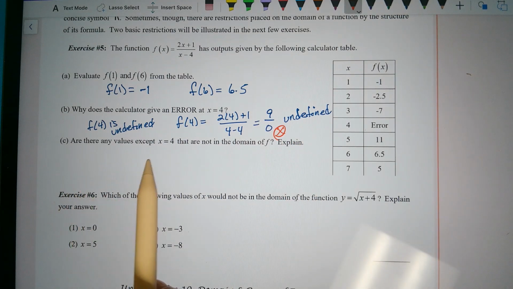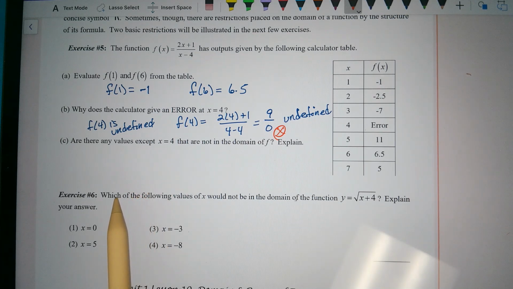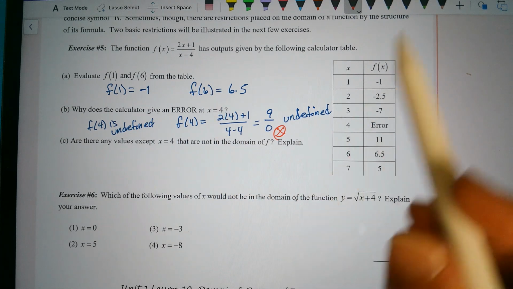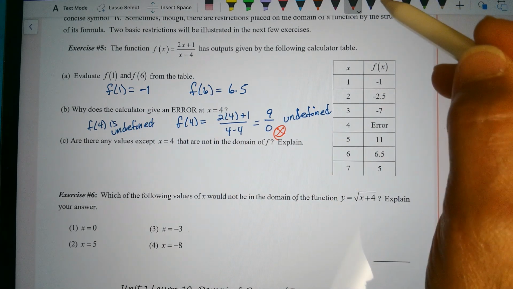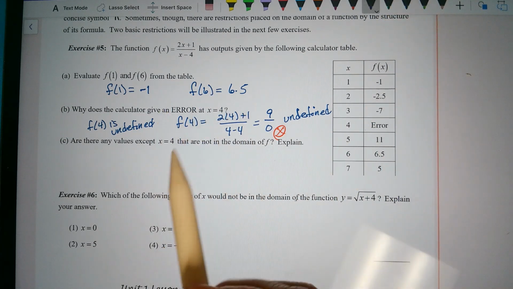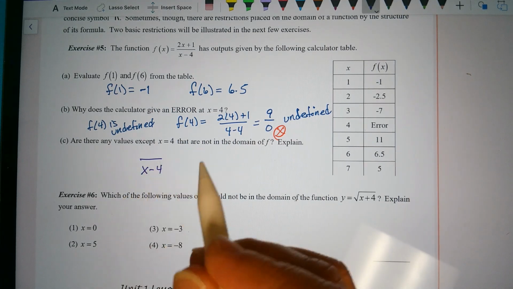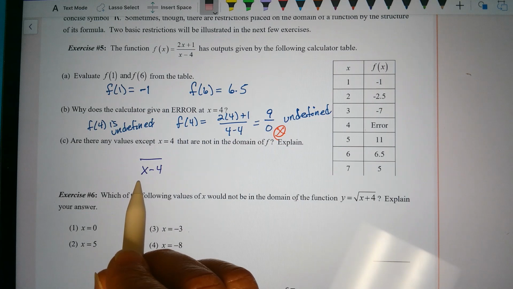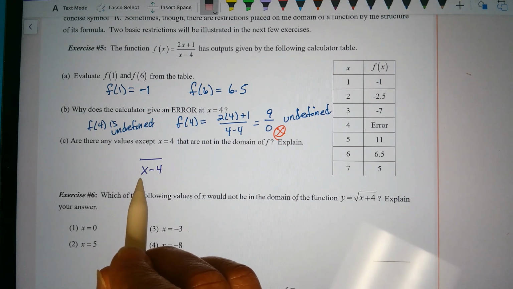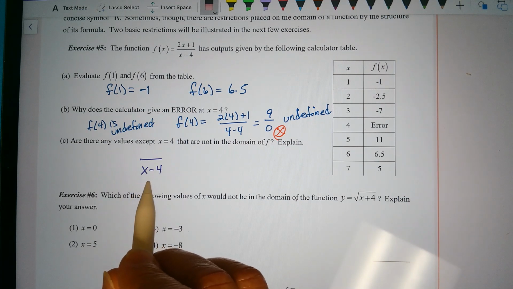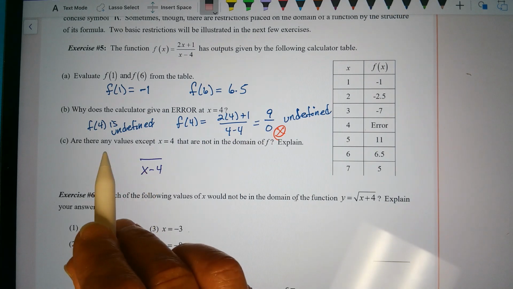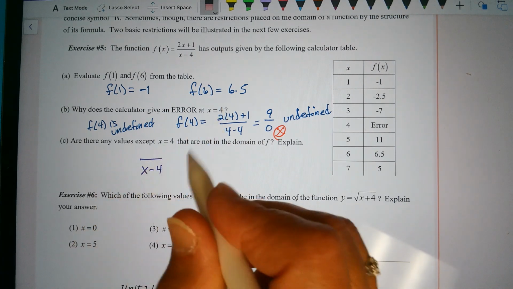Are there any values except x equals 4 that are not in the domain of f? Our only concern is our denominator. If we're just looking at our denominator, I can put in any real number. If I put in 3 or -15, it'll give us a real output. So are there any values except x equals 4?